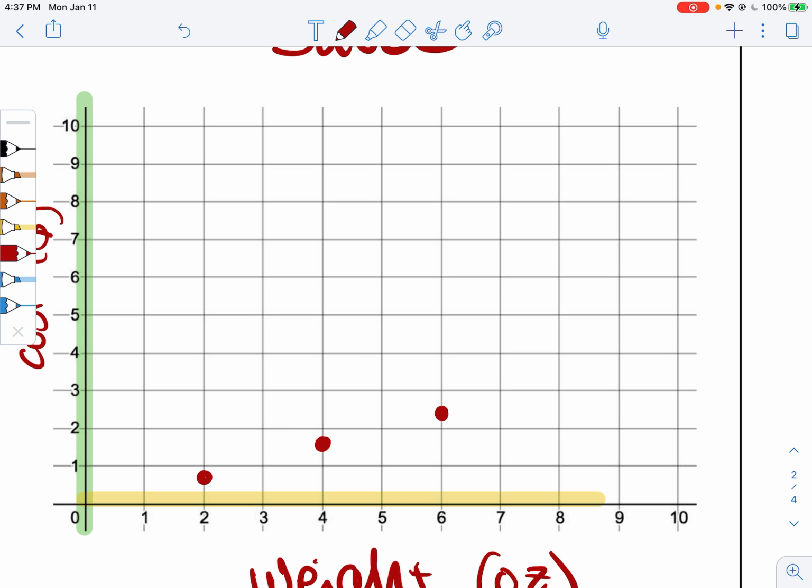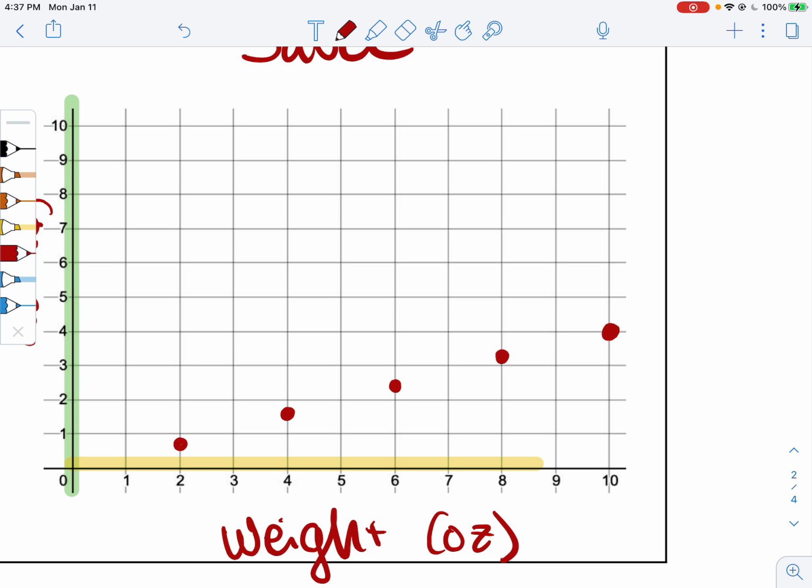Over 8 up $3.20 is about there. And 10 ounces costs $4. That's nice because that's right on the crossroads. Now, if I did this right, they should all connect on the same straight line. I didn't connect them right.